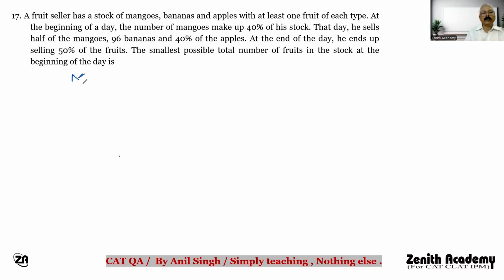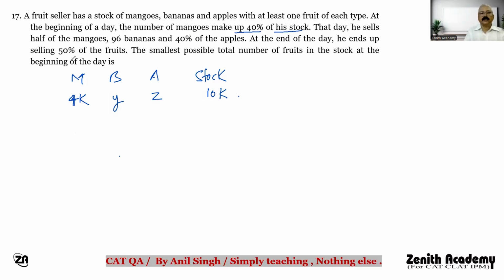So mangoes, bananas, and apples. It is given that at the beginning of the day, the number of mangoes make up 40% of his stock. So let us take the stock in the morning as 10K. So this will be 4K, right? 40% of his stock is 4K. Okay, and suppose the bananas and apples are Y and Z. That day he sells half of the mangoes, 96 bananas, 40% of the apples.